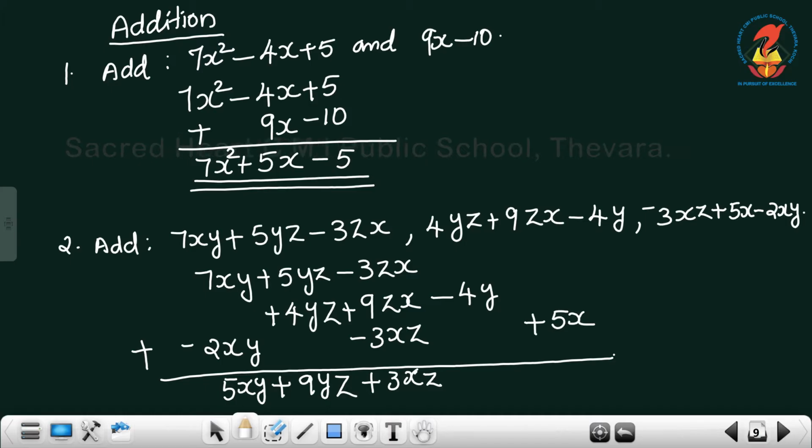Minus 4y: no other y term, so write it the same below. Same thing, plus 5x also. This is the final answer: 5xy plus 9yz plus 3xz minus 4y plus 5x.